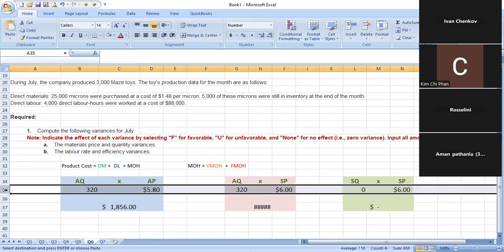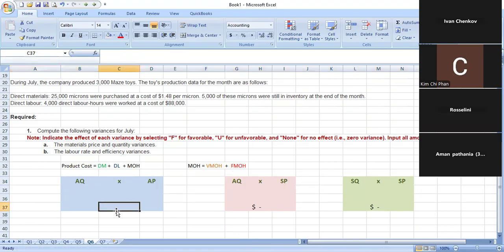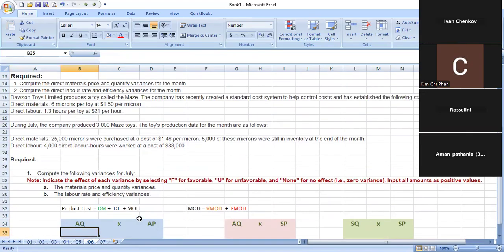Let me delete this one. I don't need this one, and I don't need this one. Those calculations can stay. Actual quantity, how many we purchase? How much material? We're staying with the material. 25,000.